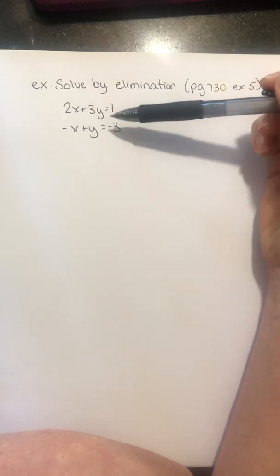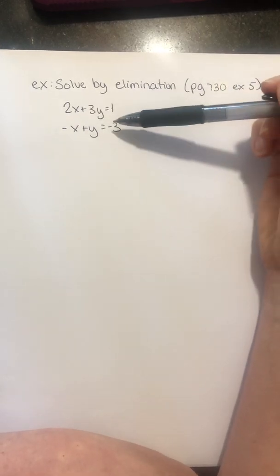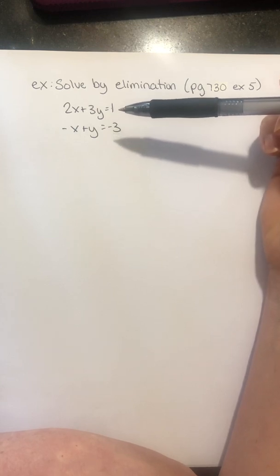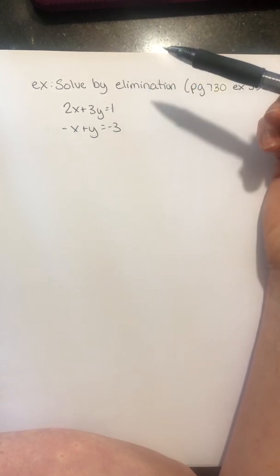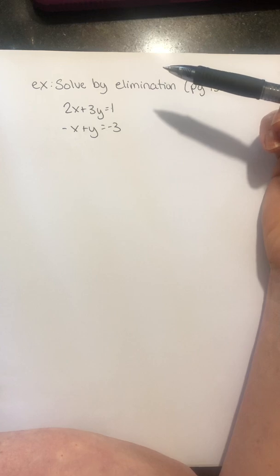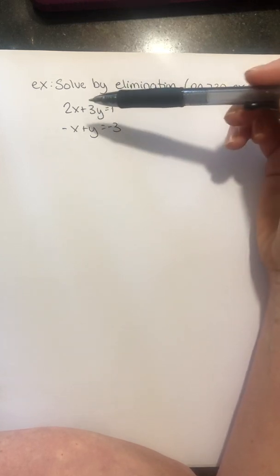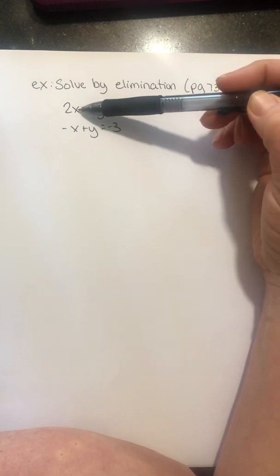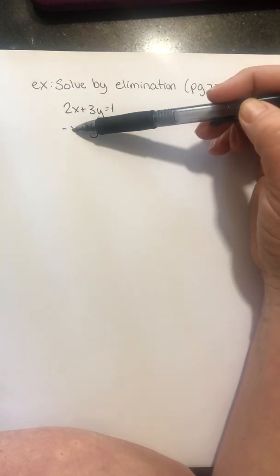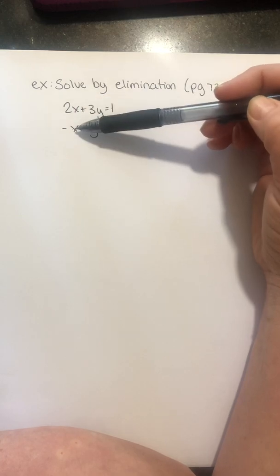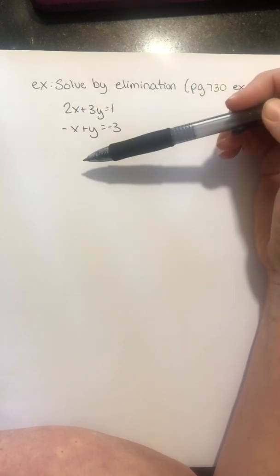So adding them together the way they are now would not cancel anything out. So in that case, I need to figure out what I can multiply by so that I can have, for example, this is a 2x. If this was a negative 2x, then when you add them together, the x's would cancel.